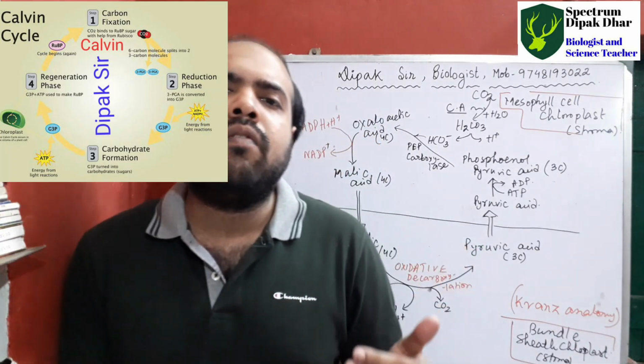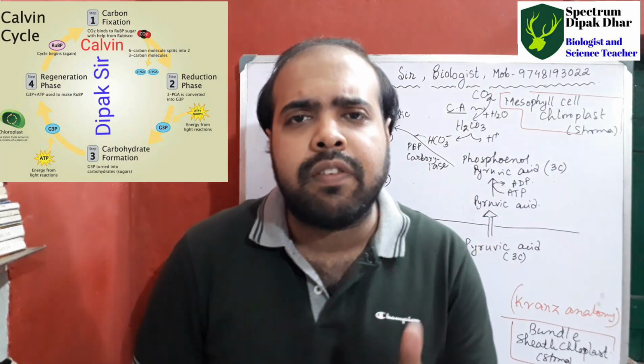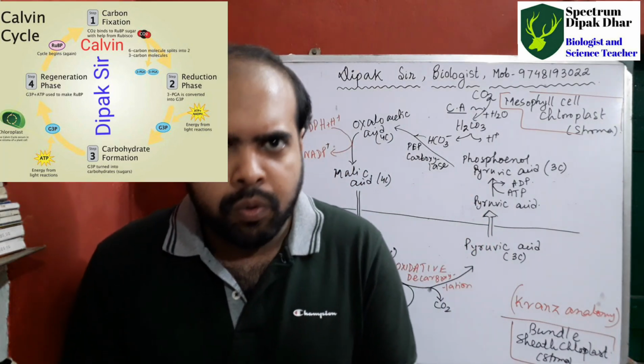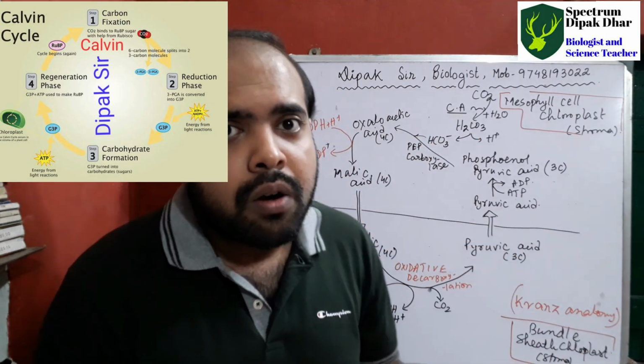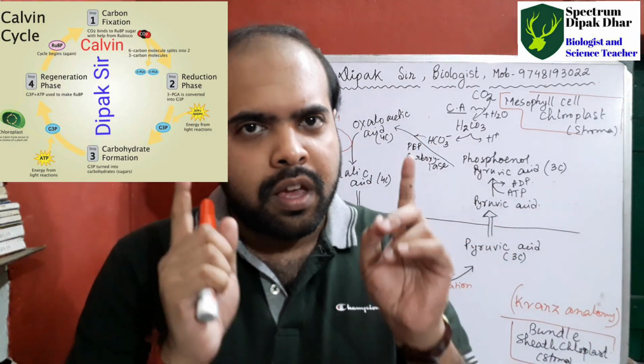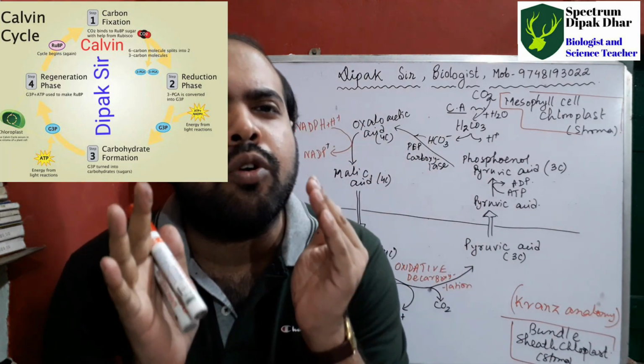So now, where in this whole process is glucose being formed? We can see that in the whole process glucose is never produced. Now where is glucose being produced? The glucose is being produced in the bundle-sheath chloroplast.